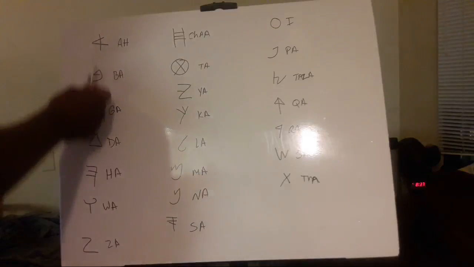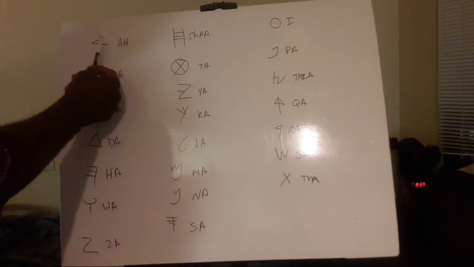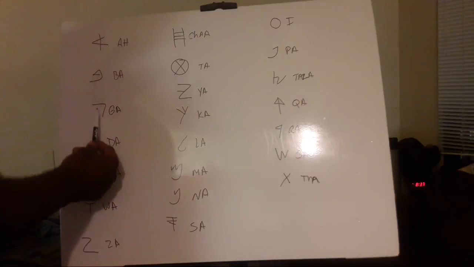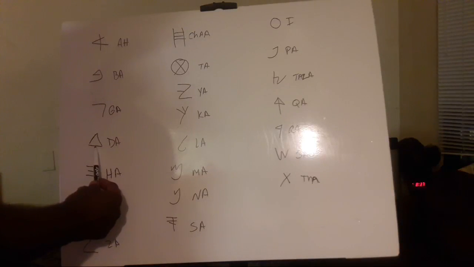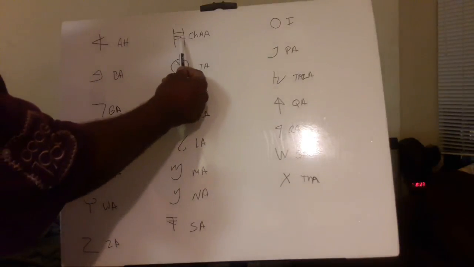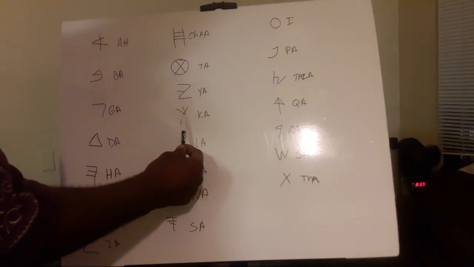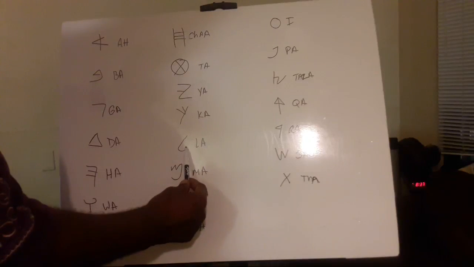These are all the Paleo Hebrew characters right here. And these of course are the sounds. Ba, ga, da. Ha, wa, za, ka. Ta, ya, ka, la.